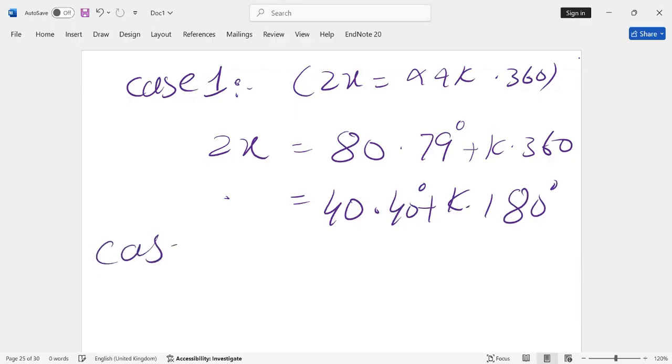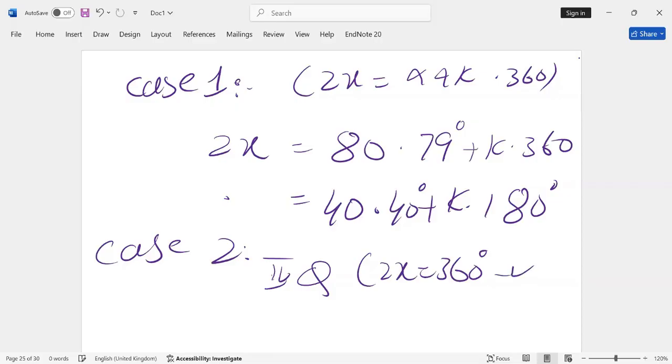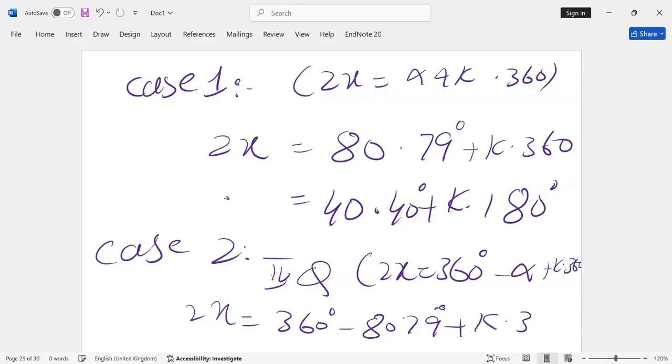And case 2, we have the fourth quadrant. So we have 2x equals 360 degrees minus alpha plus k times 360. I'm just writing 2x equals 360 degrees minus 80.79 degrees plus k times 360 degrees.